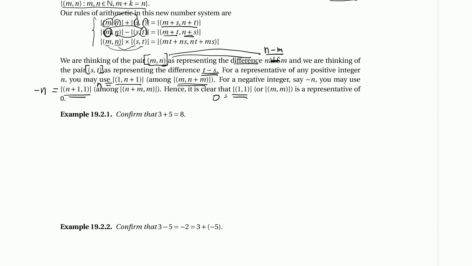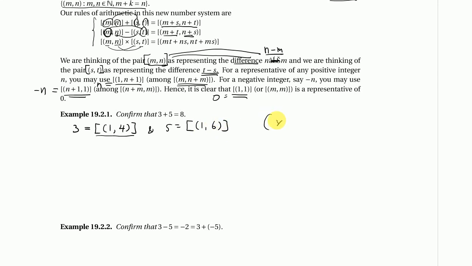But if we use this new way of thinking, then 3, a positive number, is always 1 comma something, right? And how far? It's that much difference, so this is the most natural way to represent the number 3, right? And 5 is the same way, so 1 comma 6, right?